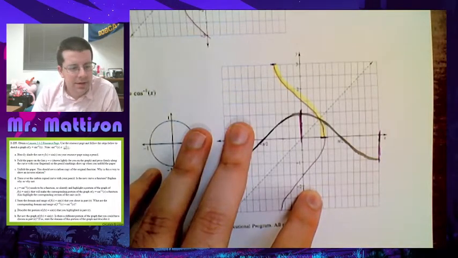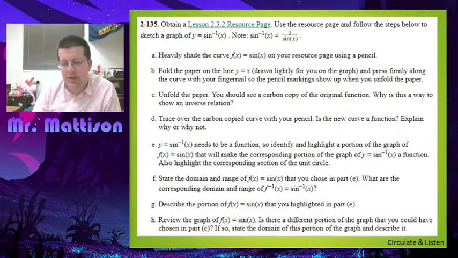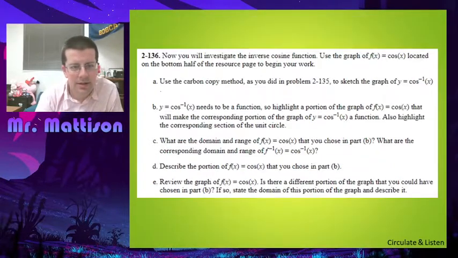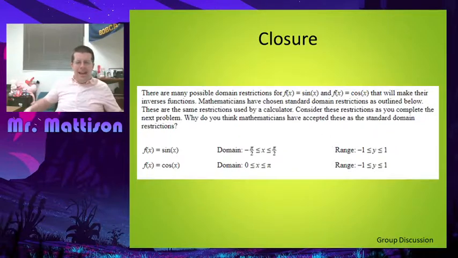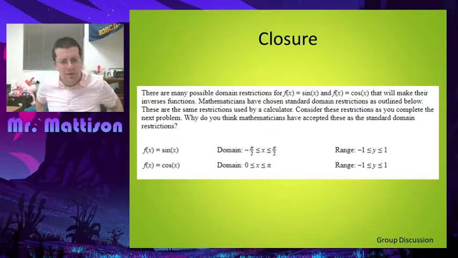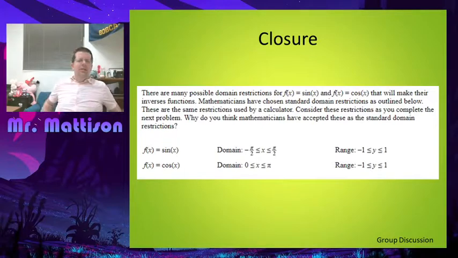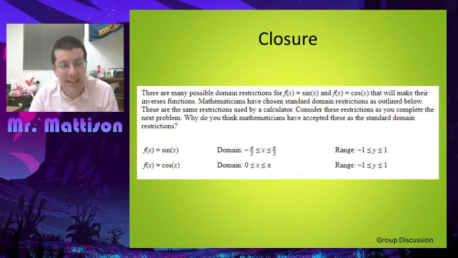Okay. So let me hop back over to this, and we see that for sine, you're doing the same thing for cosine. And then, all right, so that's effectively it for today. Now, I just want to, as our closure, talk about why we chose those particular parts. So here's your domain and your range, which makes sine and cosine invertible.